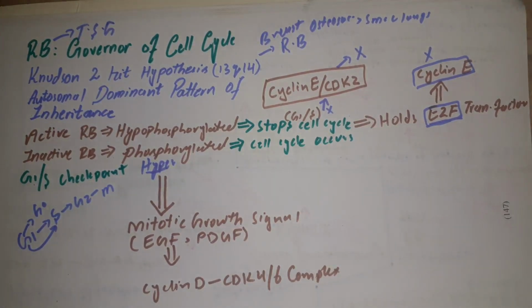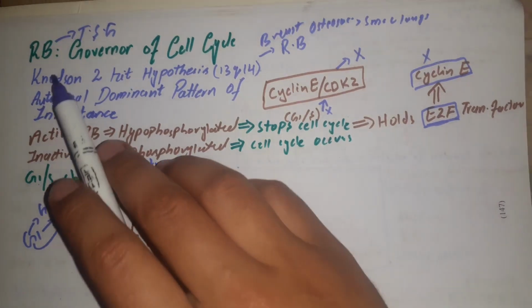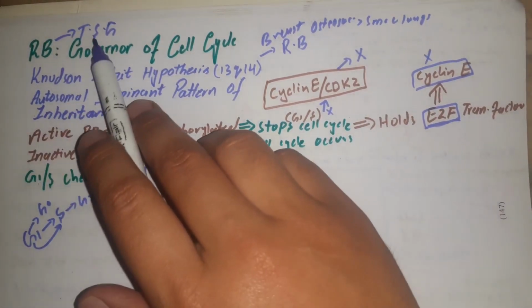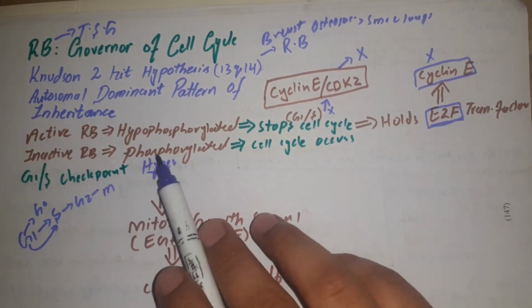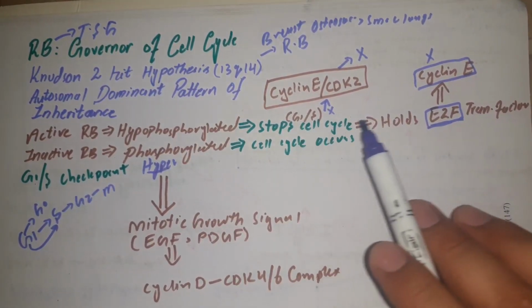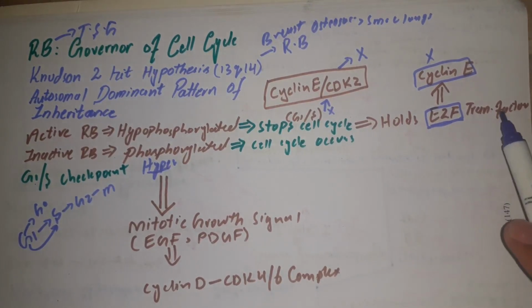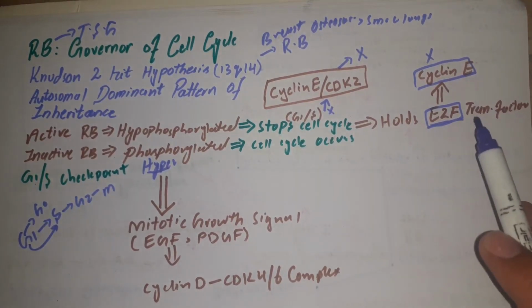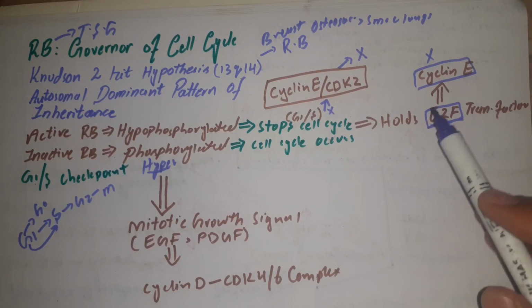So remember, retinoblastoma is a tumor suppressor gene. When this tumor suppressor gene is active in its hypophosphorylated form, it stops G1/S transition. How does it stop? It stops by holding the E2F transcription factor, and when the E2F transcription factor is not available, cyclin E is not produced.